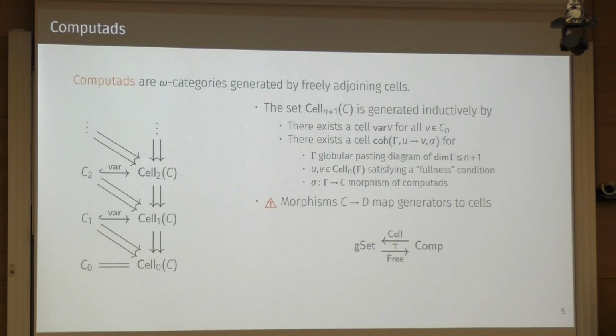And there's an adjunction between globular sets and computads, where every globular set can be seen as a computad where the source and target of every generator is a generator, and vice versa. Well, if a computad is a diagram like the one on the left, I basically keep the column on the right, and that's what I call the underlying globular set here.